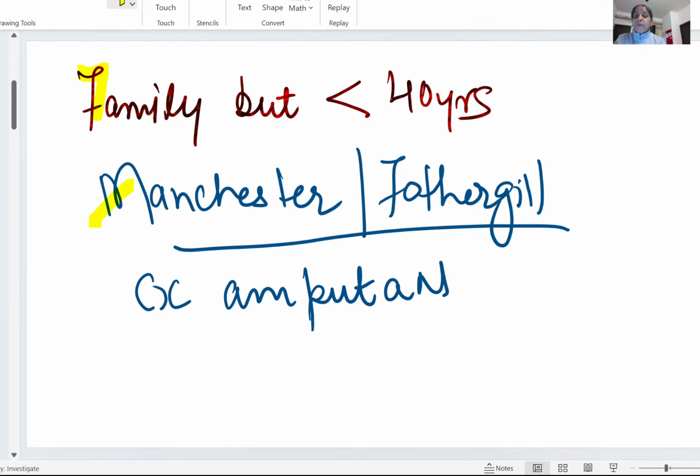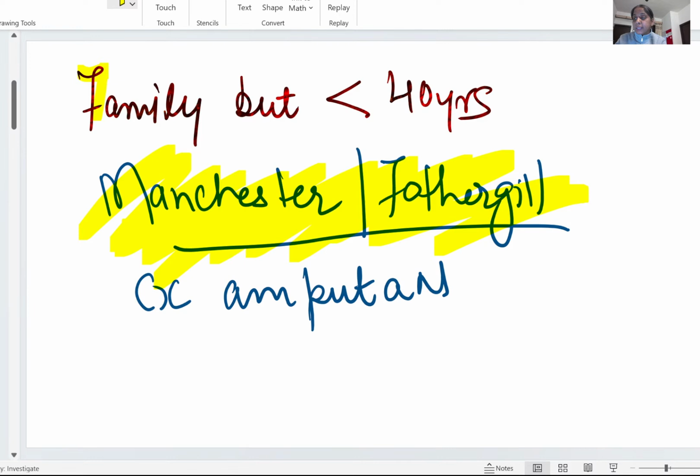They have completed their family, so they have become mother and father of all the children they wanted. So you will remember M for Manchester and F for Fothergill: mother, father.